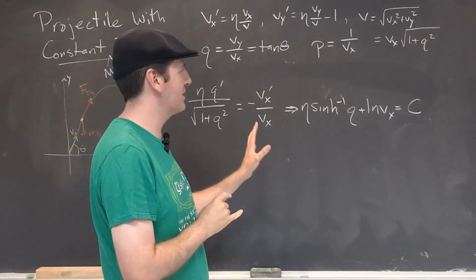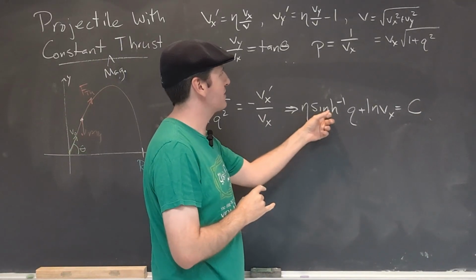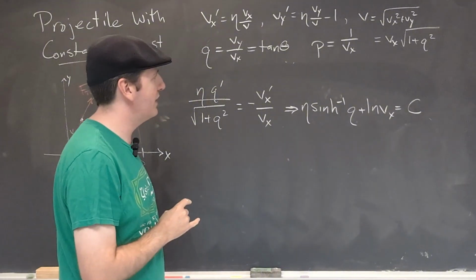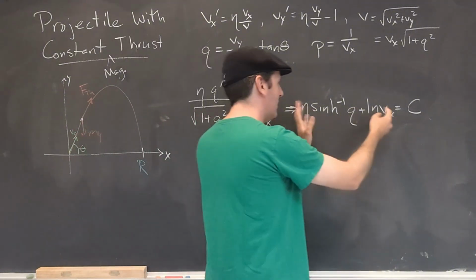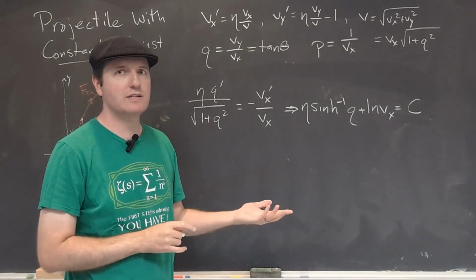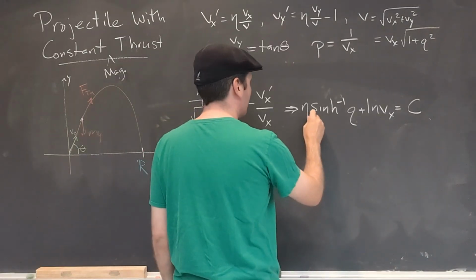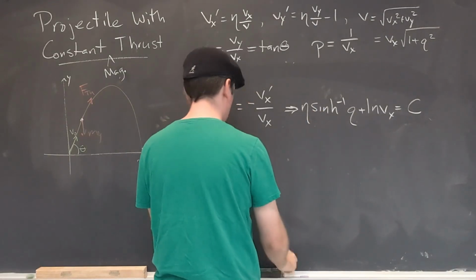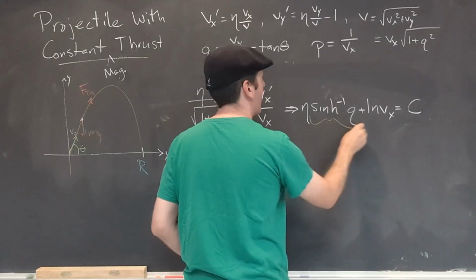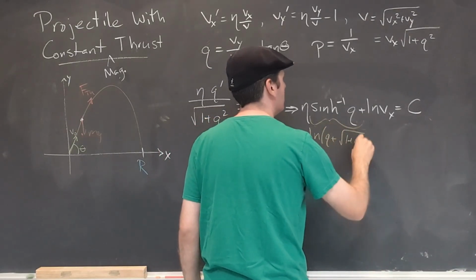So can we rewrite this so that it's a little more in line with the given parameters? Of course we can. Arcsinh can be rewritten in terms of natural logs. I can then combine all of these natural logs together, maybe exponentiate a few things and get a different constant. Let me do that for you here. So arcsinh, by the way, if you want to write it out, is natural log of q plus this square root.